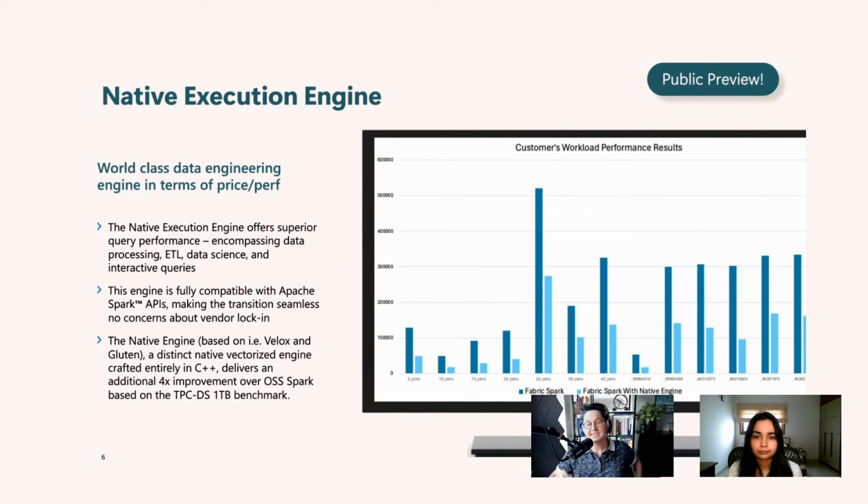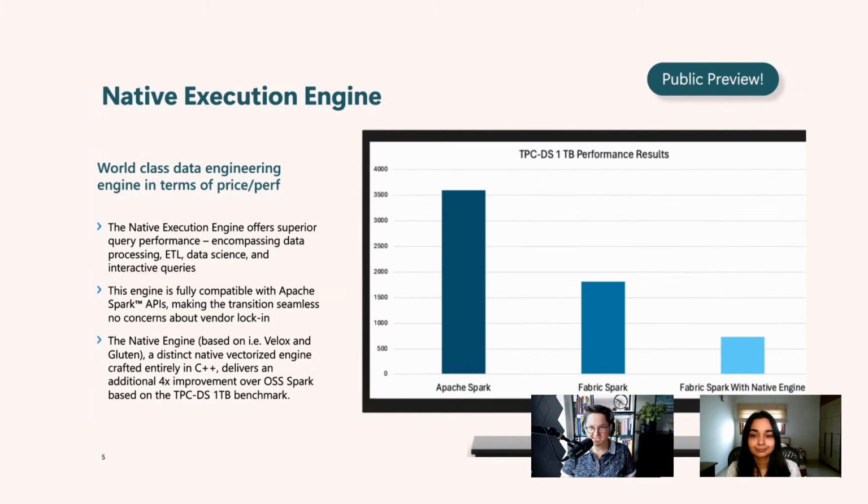Native means C++ based. This is done in conjunction with Microsoft internal efforts on query optimizations with Apache Spark that started a few years ago with Synapse, and now we are continuing that journey with Fabric. The results presented on the screen are telling us the impact of this query optimization effort.